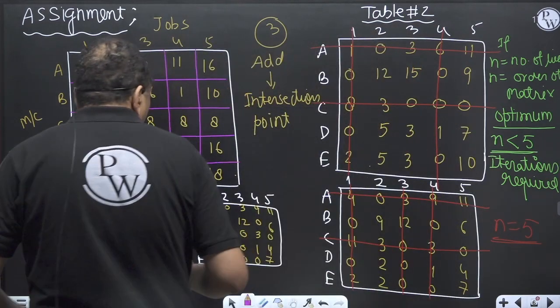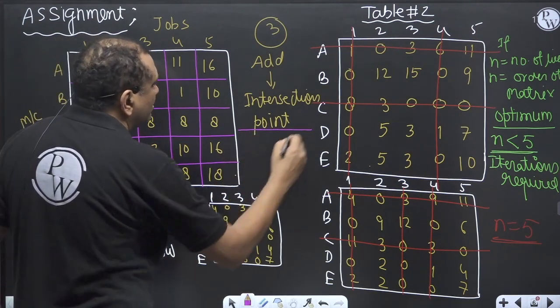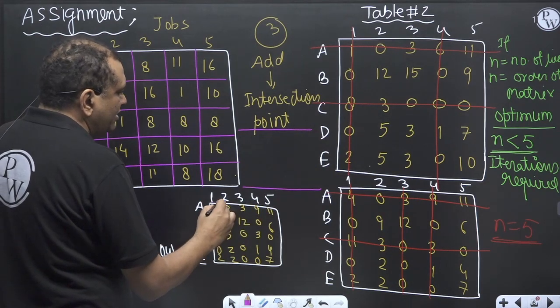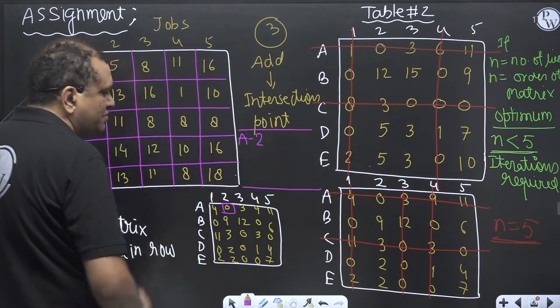So machine A, there is only one 0 that appears. So A will process job 2.